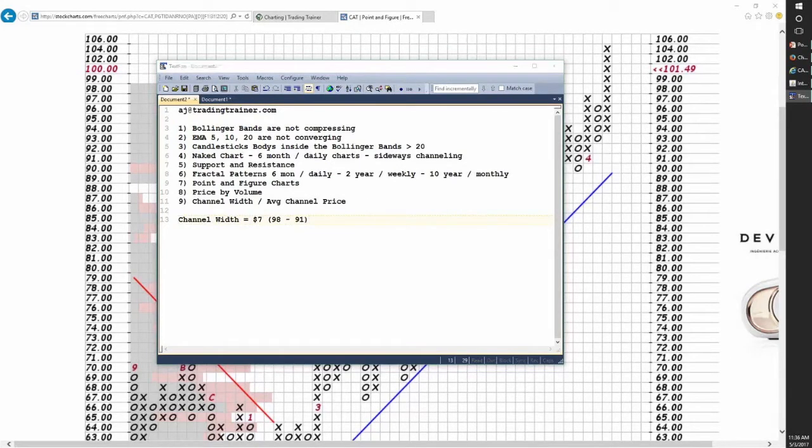Does that make sense? How many with the show of hands you get how I calculated the width of the channel? How wide in dollars is the channel? How many with the show of hands, let me put your hands down, are a little bit confused? Good, not so many people are confused. So then let's talk about average channel price.